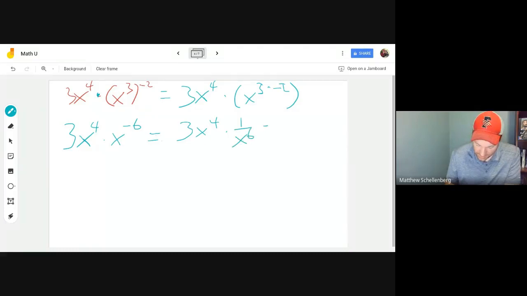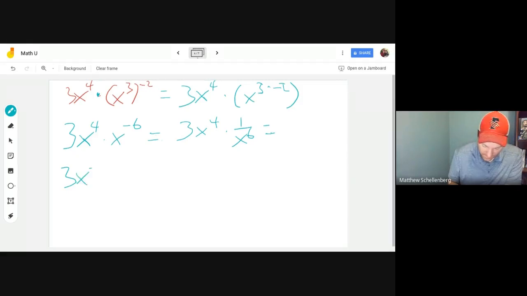Because those are being multiplied, the x to the 4 times 1 over x to the 6, I can just put that x to the 4 and the 3 in the numerator. So that means I have 3x to the 4th over x to the 6th.